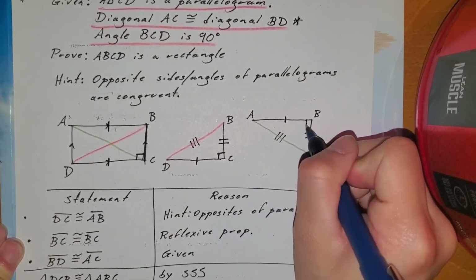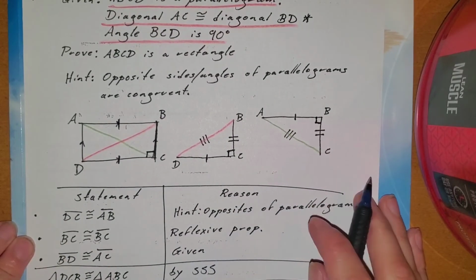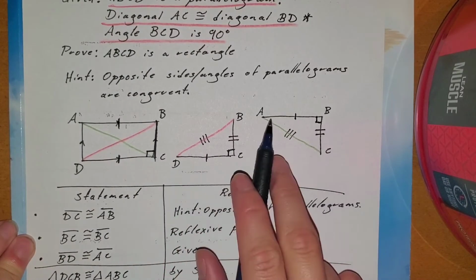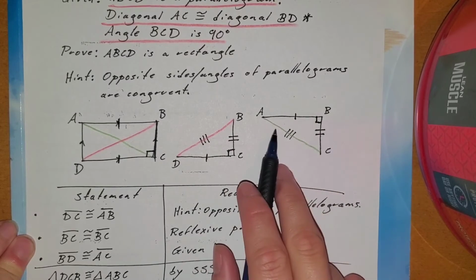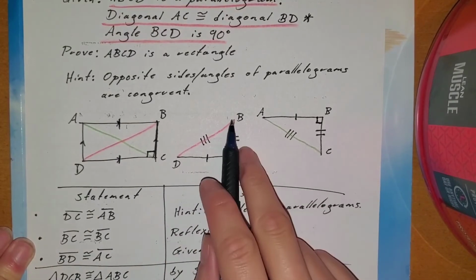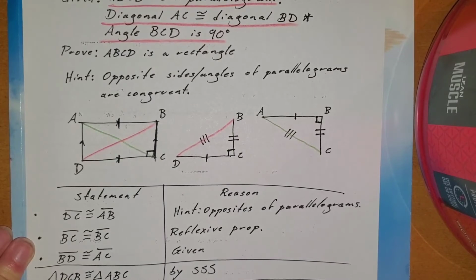So that means that angle B, this angle here, is also 90 degrees because they're corresponding parts. So I can say that angle ABC is congruent to angle DCB, and that is true by corresponding parts, CPCTC.